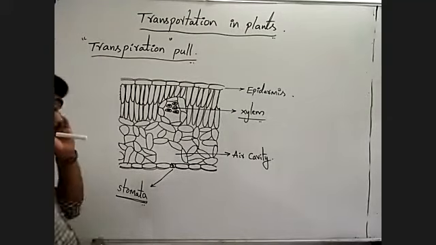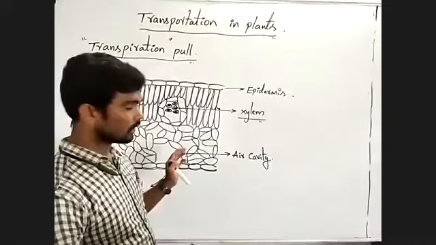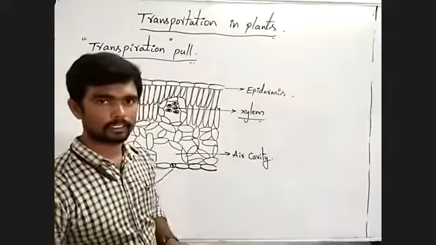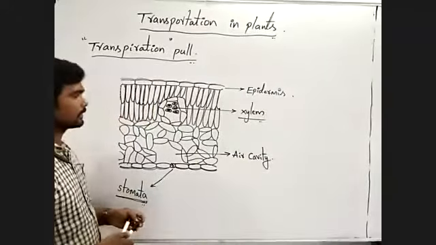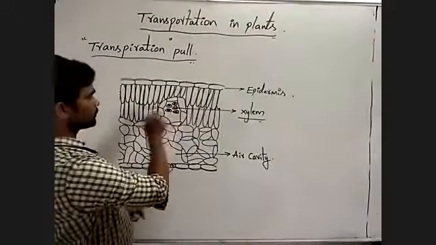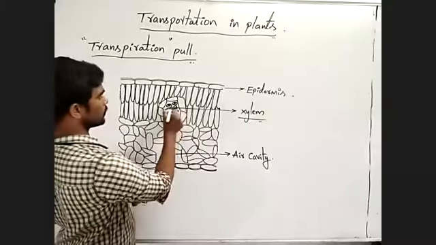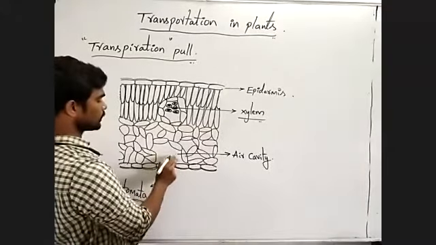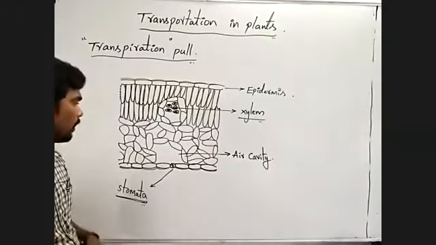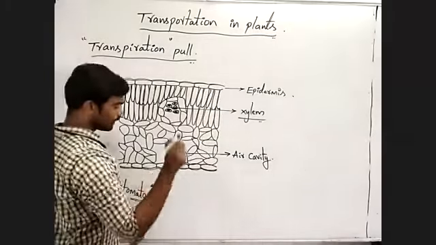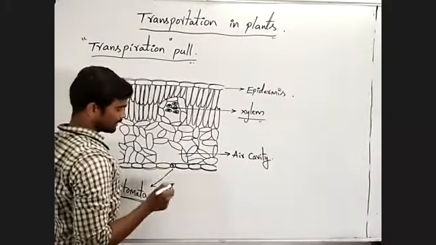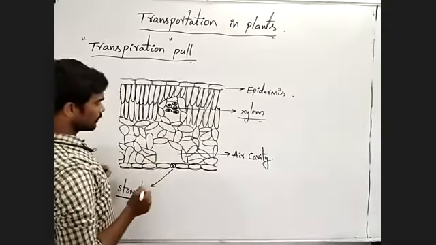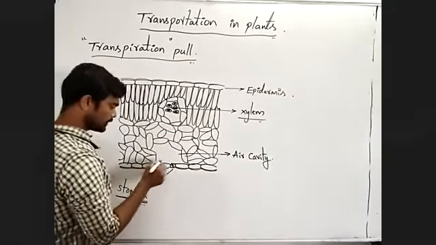Okay, observe. Already studied about the structure of the leaf, TS of leaf. Here, xylem. Next, stomata. Here, air cavity. Already we discussed in the leaf, a number of air cavities are present.